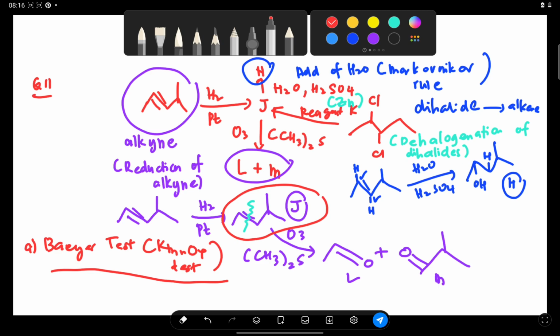The question asks you to give the reagent and condition for the Baeyer test, or KMnO4 test. So what is the reagent?